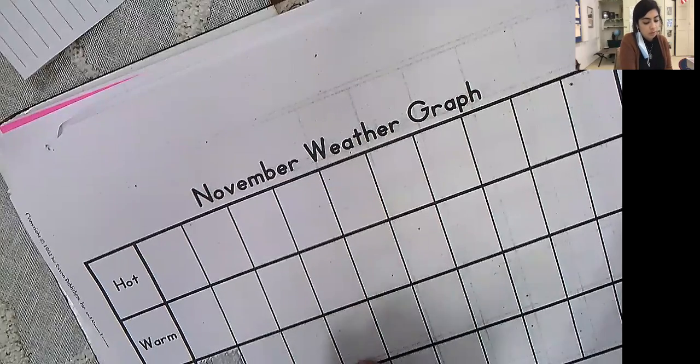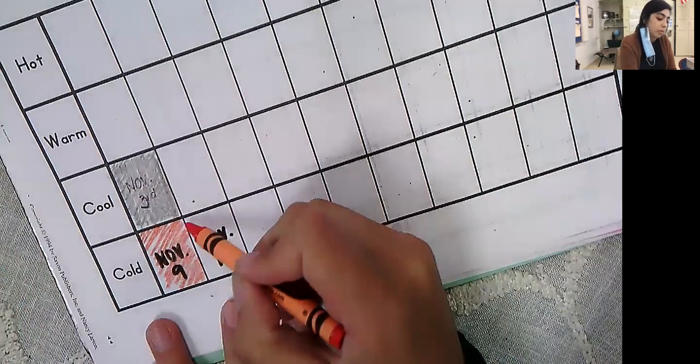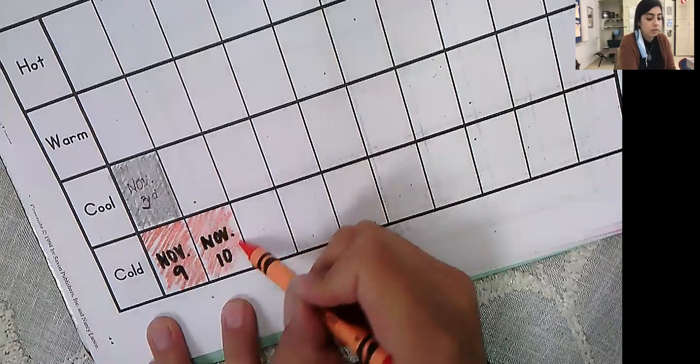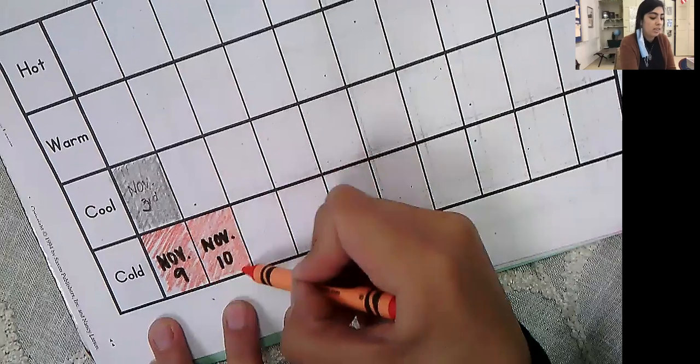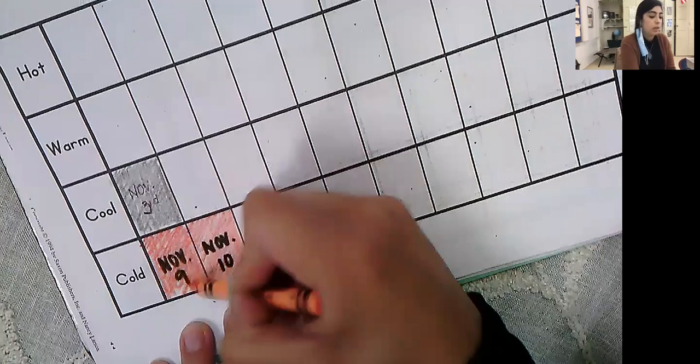Today is November 10th. Oh, you guys can't see. Okay, so I'm gonna make sure you write it first and then you color it in. So it's been really cold lately. Our weather changed, didn't it? Yep, it did. Okay. So now that we've colored that, put that away.